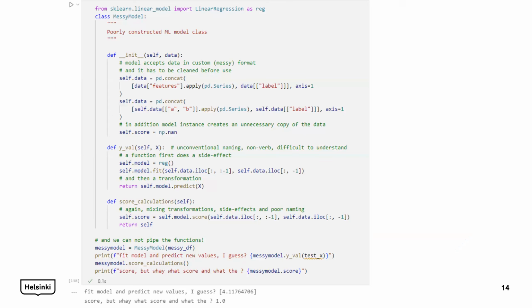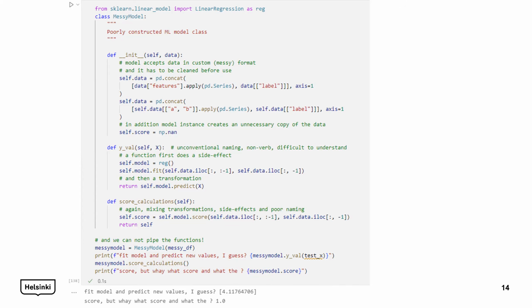First, this is what you should not do, but quite a many of you have probably done something similar to this. Here we break almost all of the rules. I tried to create an example where I break every single rule at least once. Here we have a model wrapper that wraps the linear regression model. Actually, you wouldn't need this class to wrap this simple model, but I did this for an example.